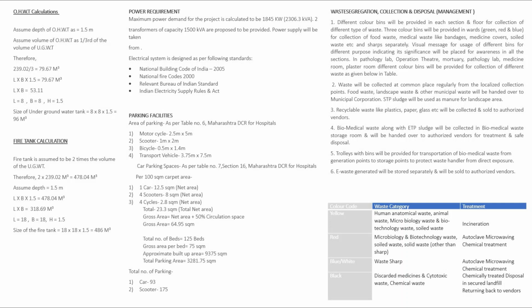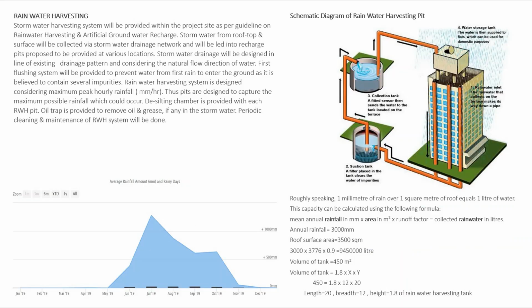The parking facilities are planned according to the Maharashtra DCR for hospitals. We have shown different color codes for the waste segregation, collection and disposal management. In rainwater harvesting, we have calculated a volume of 450 meter square tank in the ground floor according to the standards.